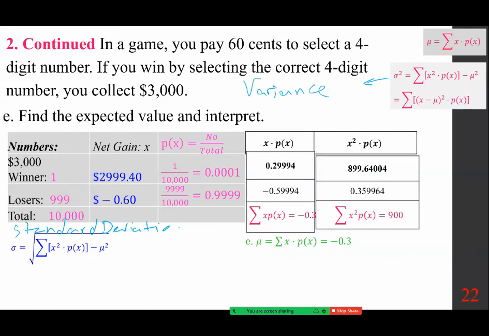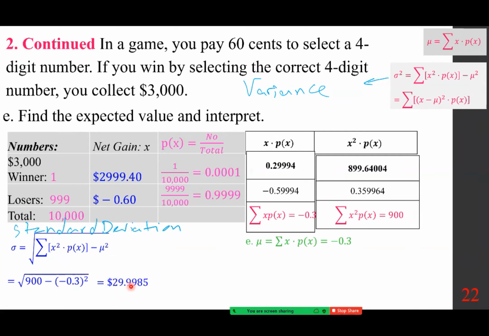All of these formulas, you have access to, obviously. And so we calculated this part to be 900 minus, we have the mu, we're going to square that and subtract it from 900 and take a root. And we end up with 29.9985, almost 30.